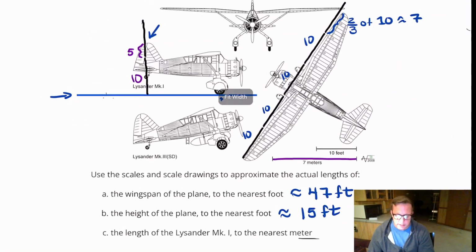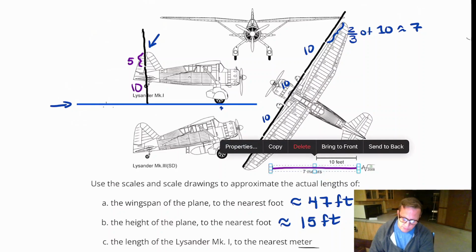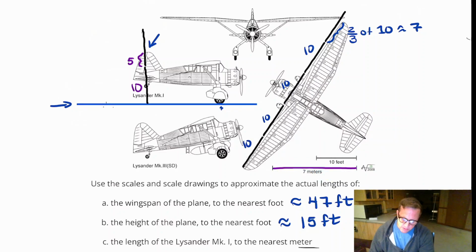And then the length of the plane to the nearest meter. I'm going to use this part of the scale, which is nice because that's exactly 7 meters. I'm going to measure the very back of the plane.